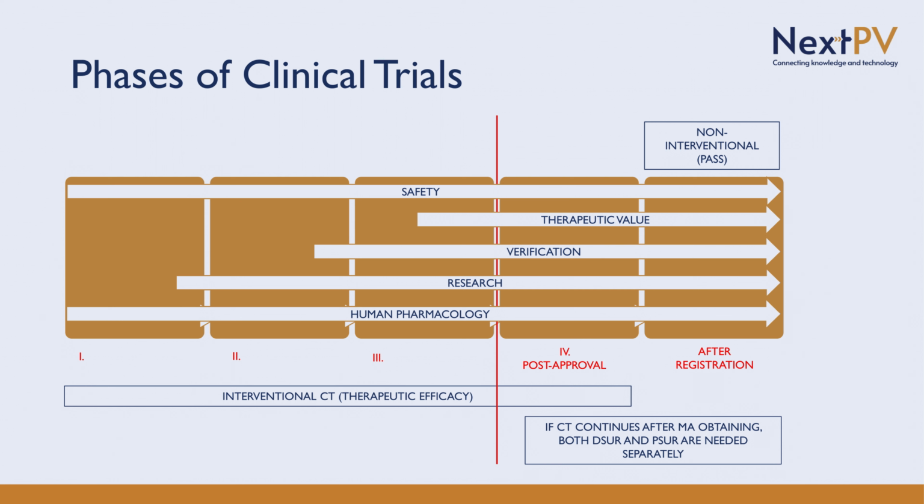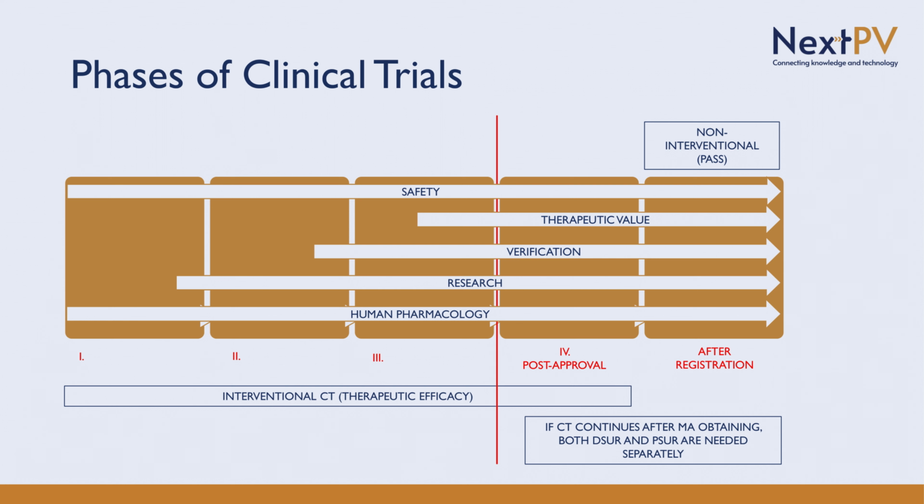Phases of clinical trials. Clinical trials are conducted in phases, each with specific objectives. Phase 1 trials focus on human pharmacology and safety. Phase 2 evaluates therapeutic efficacy. Phase 3 verifies the therapeutic value and further assesses safety.